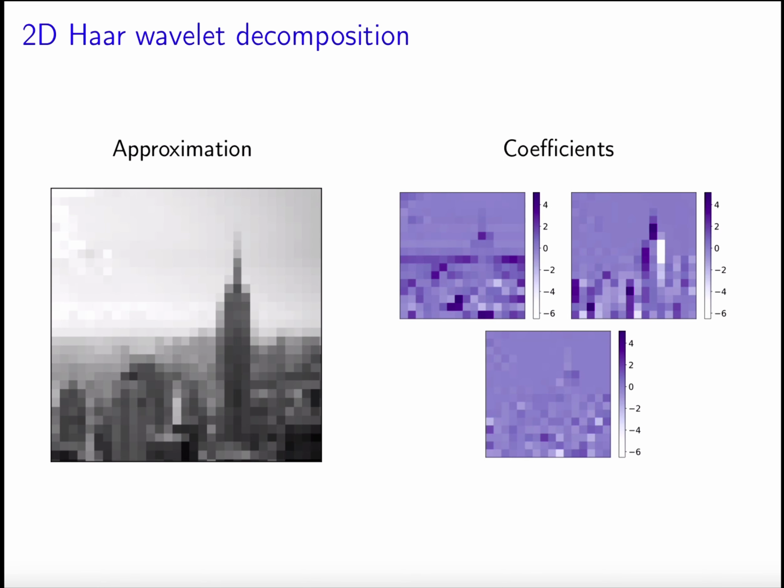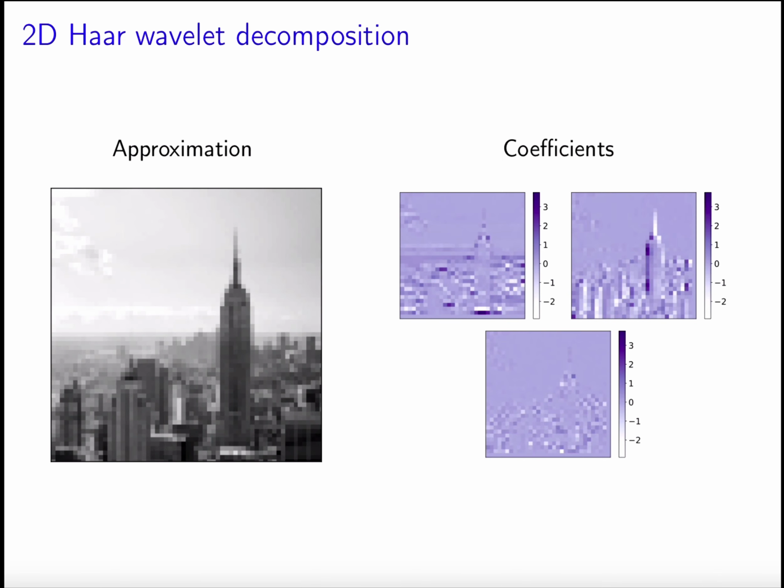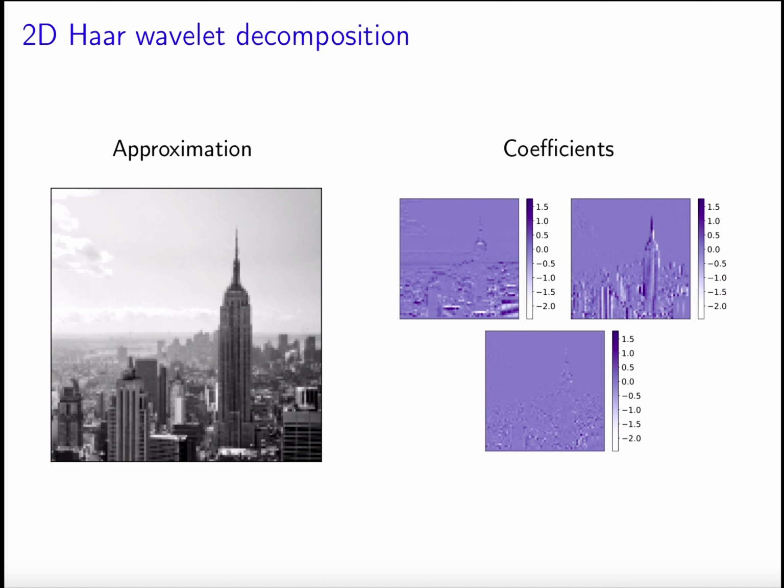And when we go to coarser and coarser resolutions, you see where the vertical and horizontal structure is at different resolutions captured by these coefficients. There's much less structure here at diagonal resolutions because we're looking at buildings that have mostly horizontal and vertical lines. So here you see very clearly where the information is vertically and horizontally.